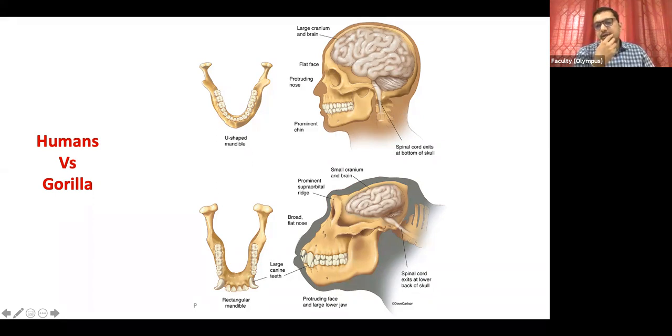In some human races that we talked about, prognathic faces have a large jaw, and you can hardly see the chin because it's huge. For making a chin, you have to have a decrease in the size of the jaw so that the sharp portion shows up. But they have huge jaws, so we cannot find a chin in them. So a prominent chin in humans, no chin in apes like gorillas and chimpanzees.